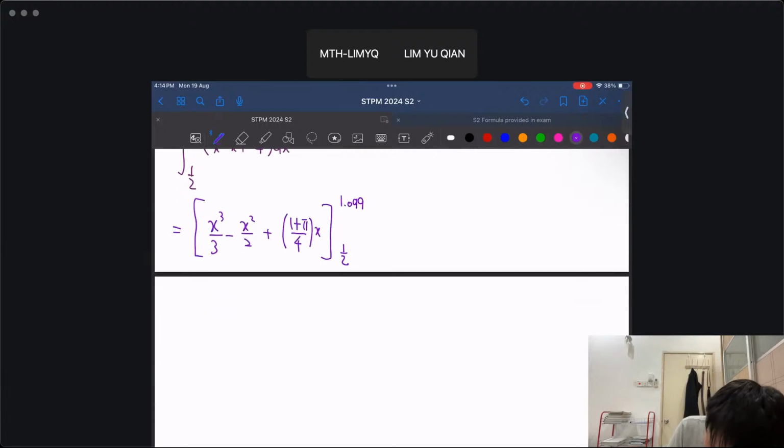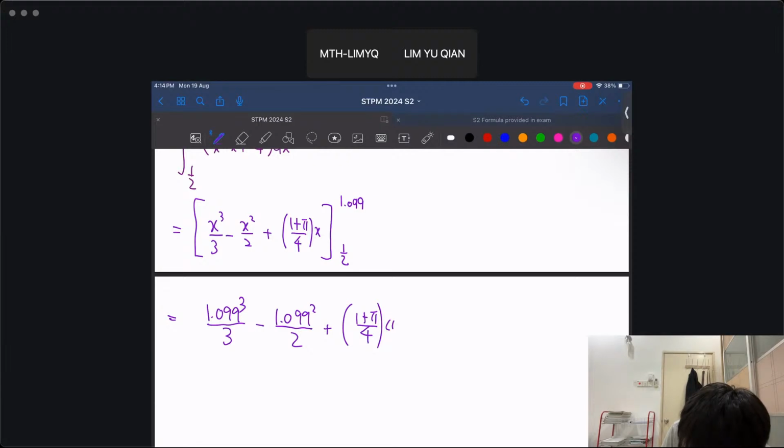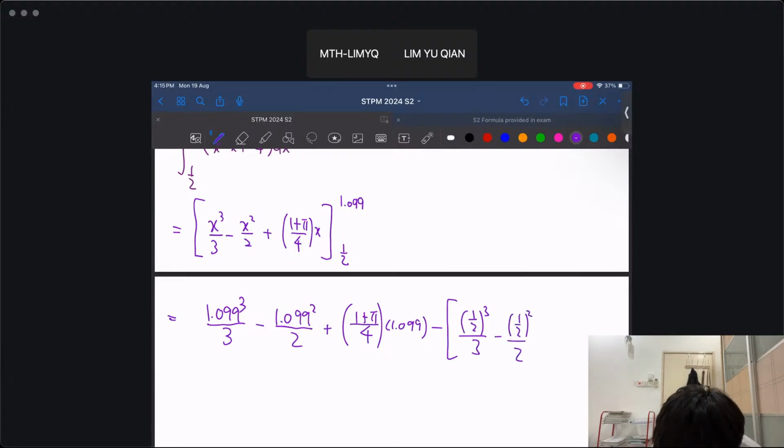Next, substitute 1.099 power 3 over 3 minus 1.099 squared over 2 plus 1 plus pi over 4 times 1.099. Minus with 1/2 power 3 over 3 minus 1/2 squared over 2 plus 1 plus pi over 4 times 1/2. So that's everything.